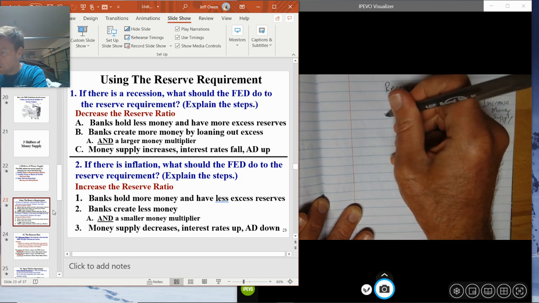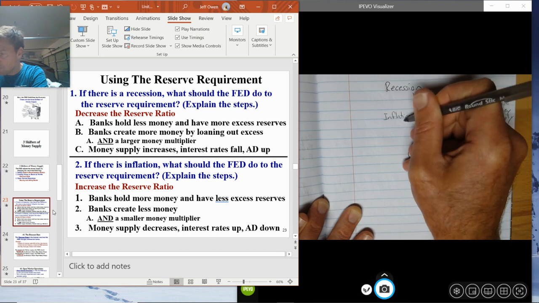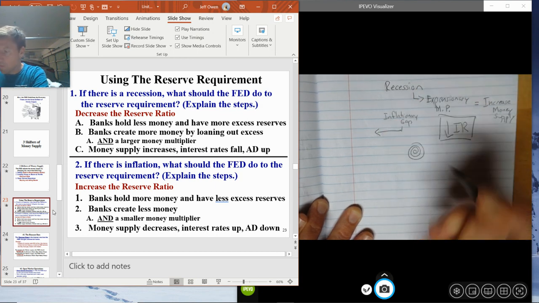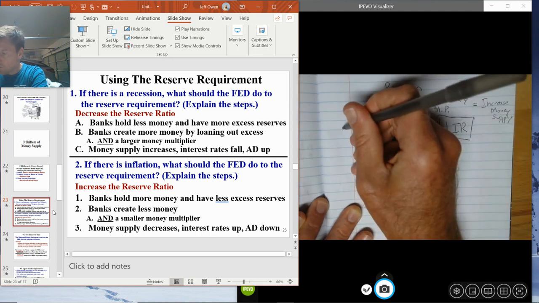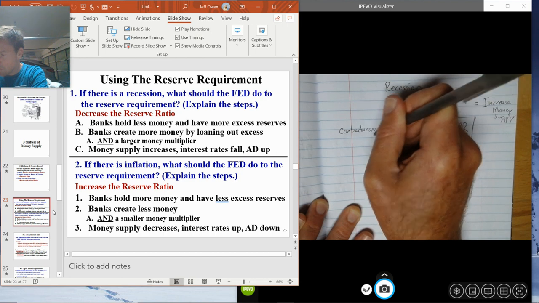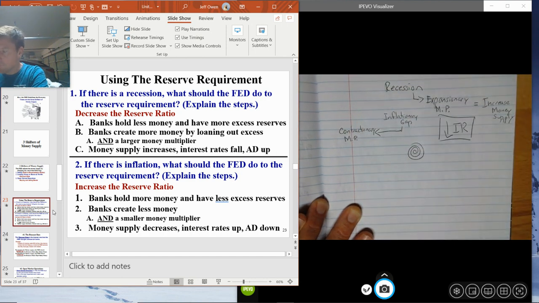If we are in an inflationary gap, we have to go the opposite direction. We want to make it smaller. We want to have a contractionary monetary policy. What does that mean?